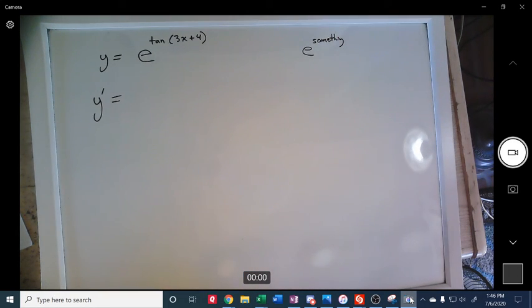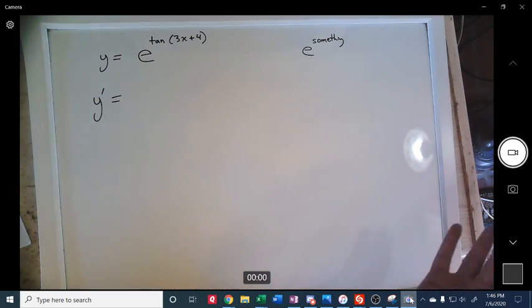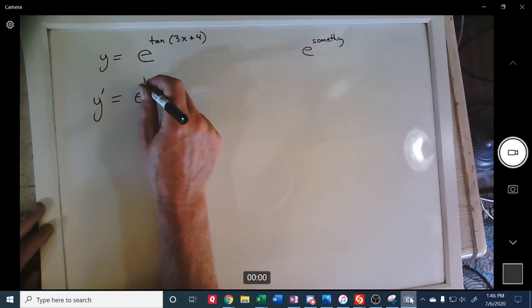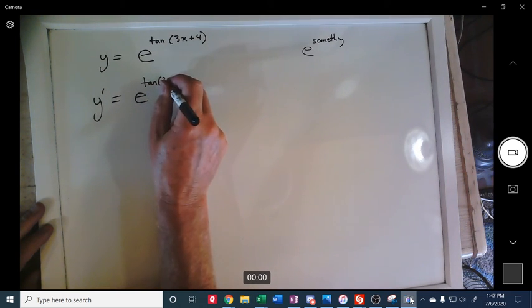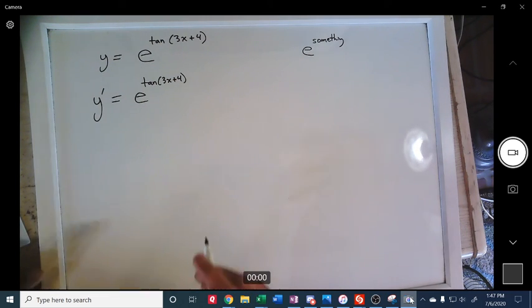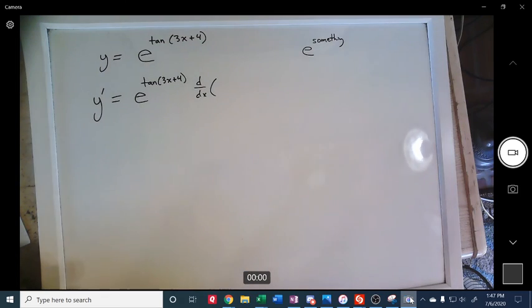So to take the derivative, we just keep our focus on the outermost function. What's the derivative of e to the something? It's e to the something. Because the derivative of e to the x is e to the x, so we follow that same pattern. Then you have to tack on the derivative of everything else.